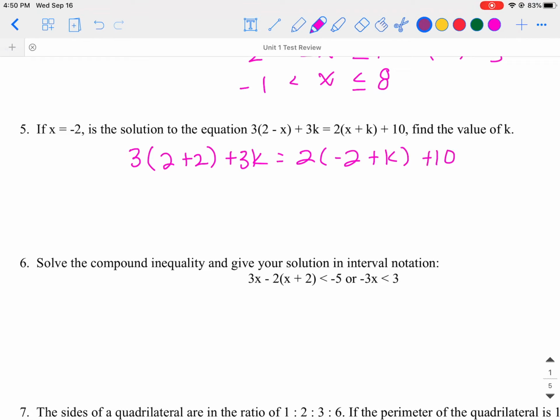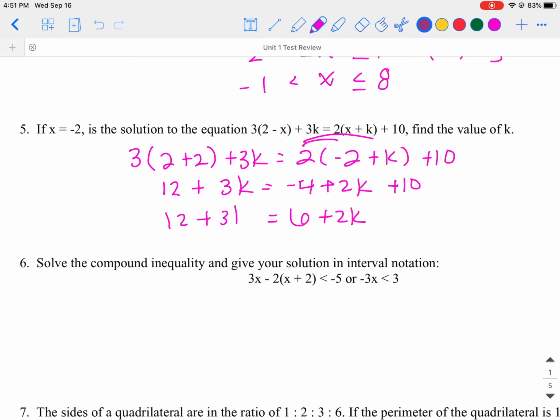So 2 plus 2 is 4, times the 3 makes 12 plus 3k. That makes negative 4 plus 2k plus 10. If I add the negative 4 and the 10 together, I have 6. I'm going to go ahead and subtract the 2k and subtract the 12 at the same time, and we get k equals negative 6.